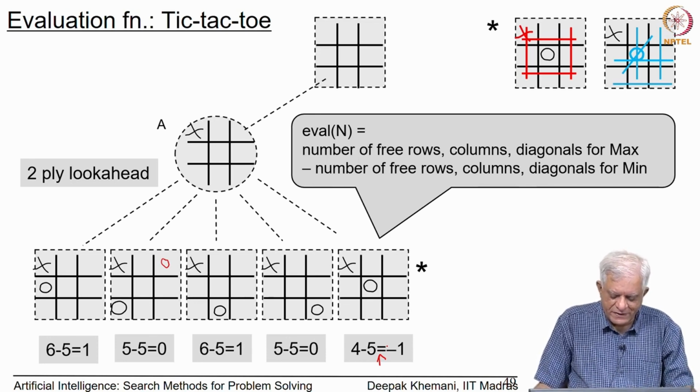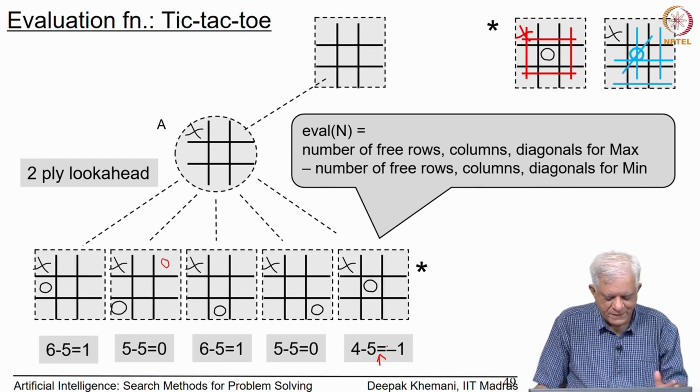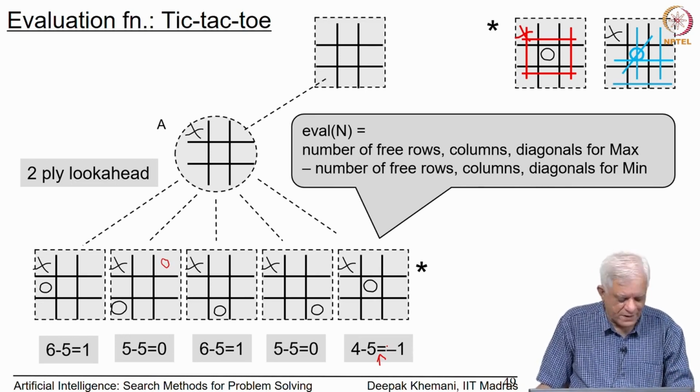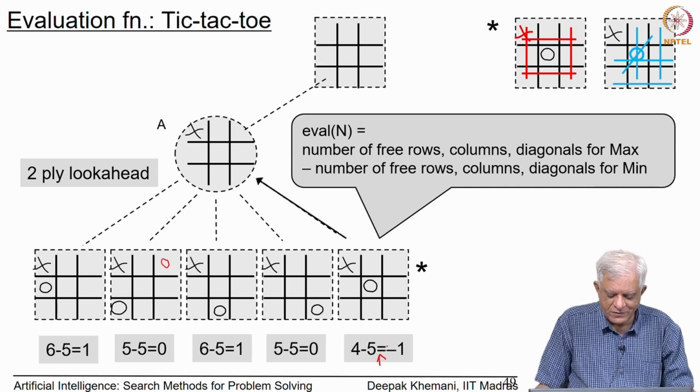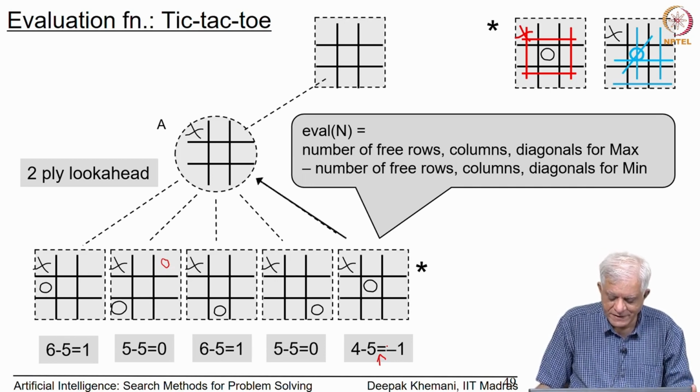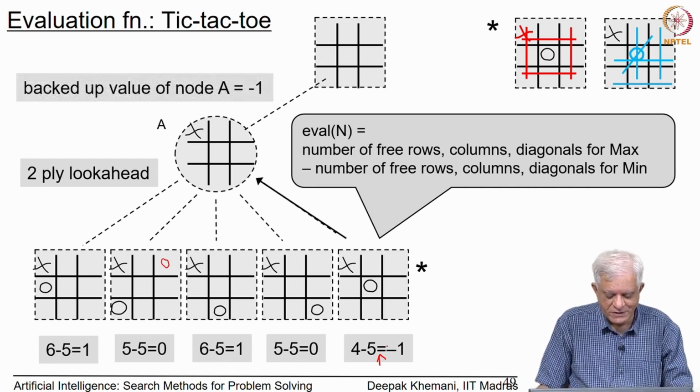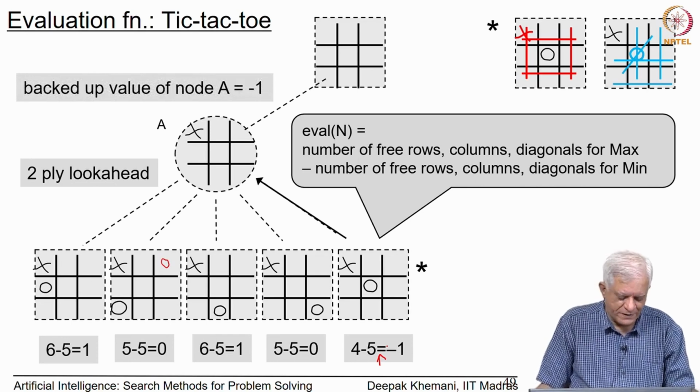In this manner we keep applying the evaluation function to each of those 5 board positions on the horizon, and then we know that we are doing a minimax backup rule. The best value from min's perspective is the lowest value amongst these 5 values. These values are 1, 0, 1, 0, minus 1.